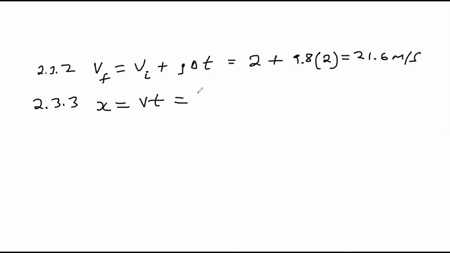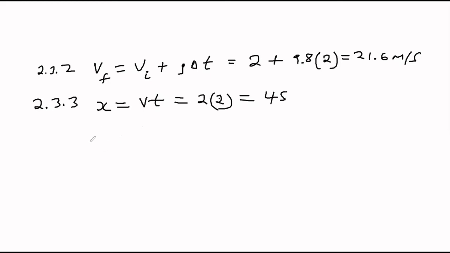So we have x, which is vt. The speed of the balloon is constant, which is 2. So the time taken by the object to hit the ground, we've calculated it in the first question, we got 2. So we substitute 2: 2 times 2 is 4 meters.